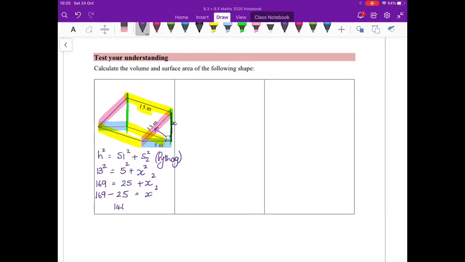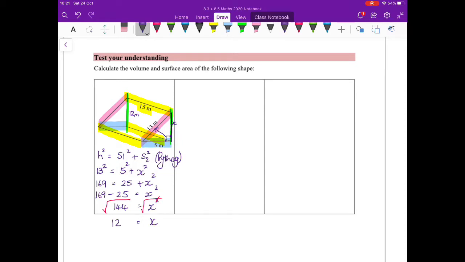And 169 minus 25 is 144 equals x squared. Now remember, to get rid of the squared, you've got to square root. So I square root both sides, and I will get x equals 12. So these green lines are 12 meters each.